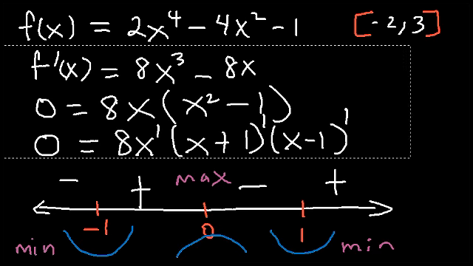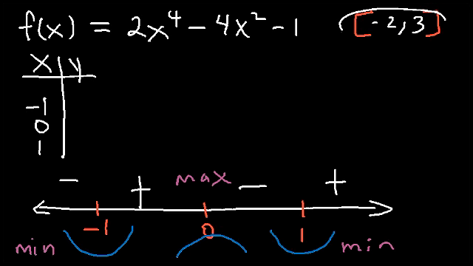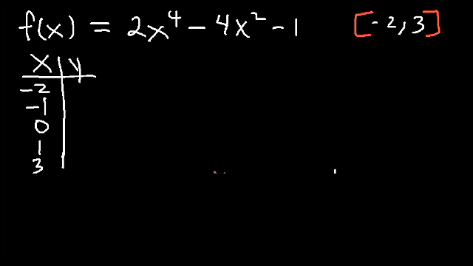So now let's make a table. We need all the critical numbers, -1, 0, and 1, in addition to the endpoints, -2 and 3. Now let's find the y value for each of these x values, and let's see which one is going to be the minimum and which one is going to be the maximum.